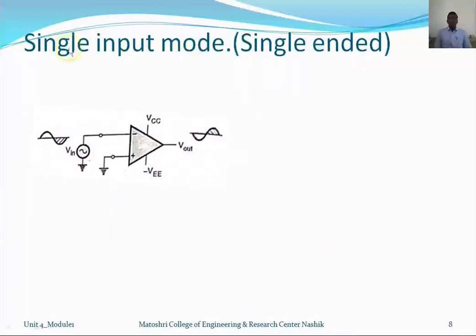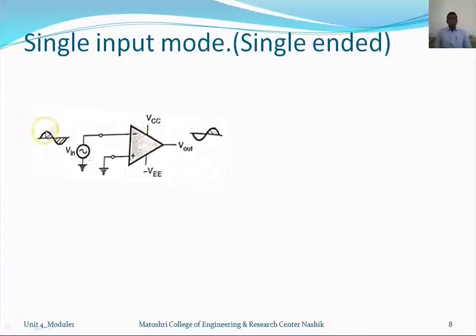This is the first, the single input mode, that is the single ended mode. Our operational amplifier has 2 inputs, so one of the inputs is grounded and the source is applied only on the other input. Here it shows V input, the input source voltage, applied on the inverting input terminal of the op-amp.